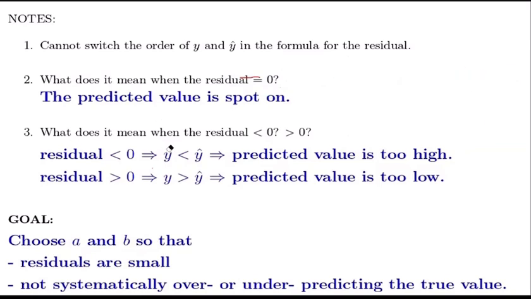If the residual is negative, it means your predicted value is too high. How do I know that? Don't forget, it is y minus y cap. If this is less than zero, then the predicted value is higher than the actual value. And if it is positive, then the predicted value is too low. I just want you to take note of that.